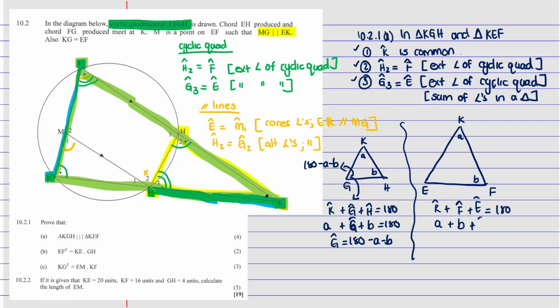And we're looking for E. So angle E is equal to 180 degrees minus A minus B. Do you see that both angle E and angle G are going to be equal to each other, and both of them are because of sum of angles in a triangle? Does it make sense? Does that make sense, guys?